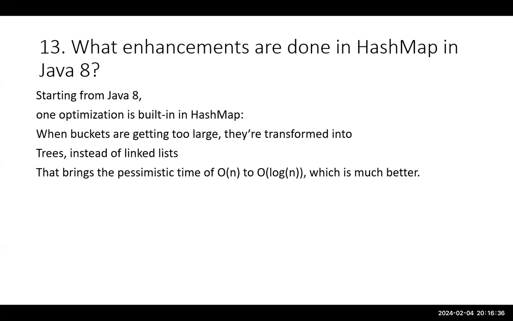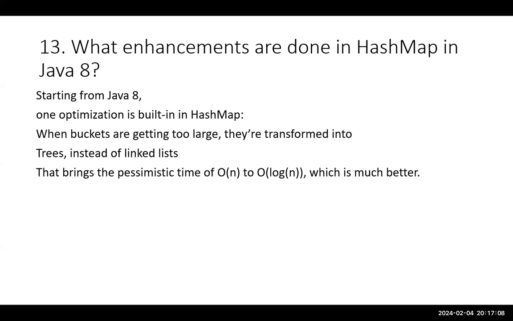What enhancements were done in HashMap in Java 8? Important question. Firstly, in HashMap, linked lists are replaced by balanced trees. That leads to an increase in our time efficiency, or decreased consumption of time.